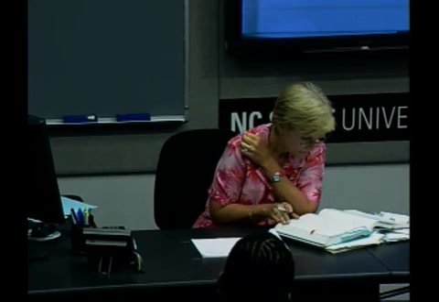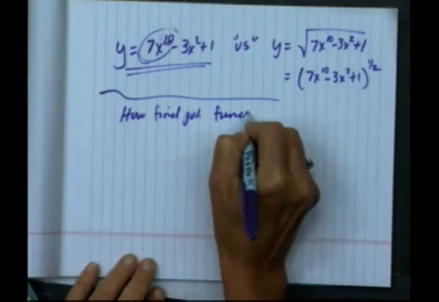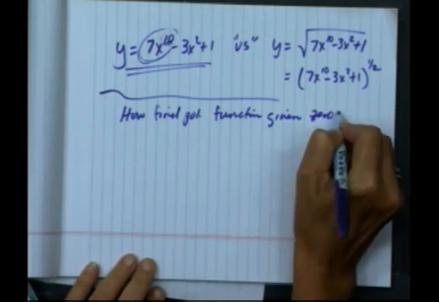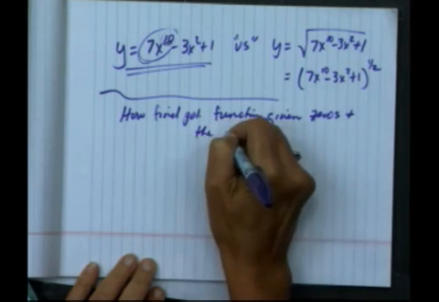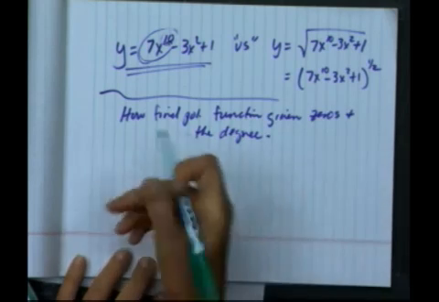I got something. Yeah, finding a polynomial function just by the zeros and the degree. Okay, so how do you find a polynomial function given zeros and the degree? Okay, let's go back.